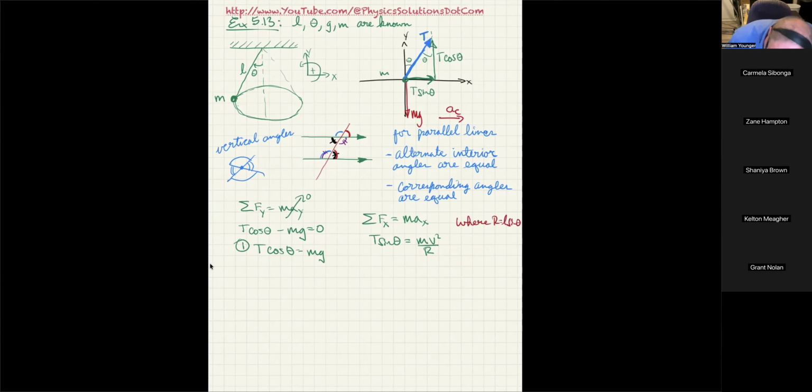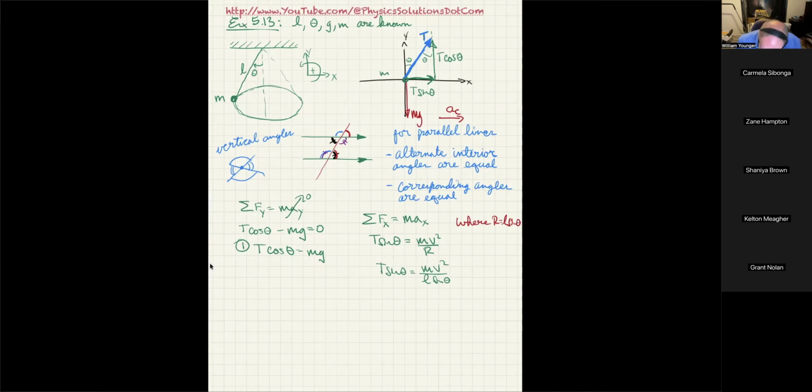So with that in mind, I can write T sine theta equals mv squared over L sine theta, like that. And that gives me yet another equation, equation 2.